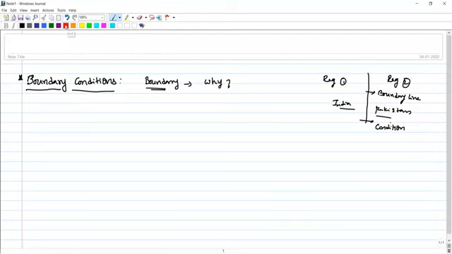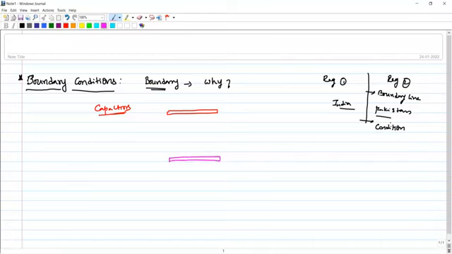As I told in a previous class, since we are dealing with capacitance or capacitors, we know that for every capacitor there will be one positive plate and one negative plate.